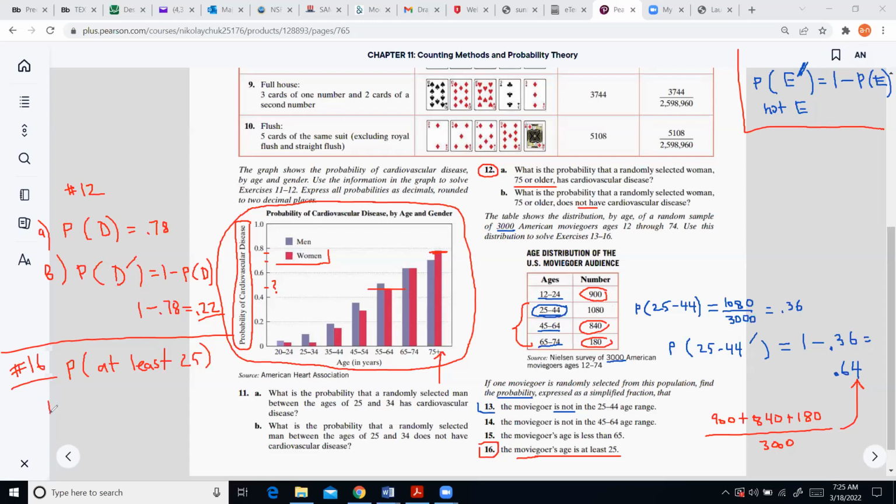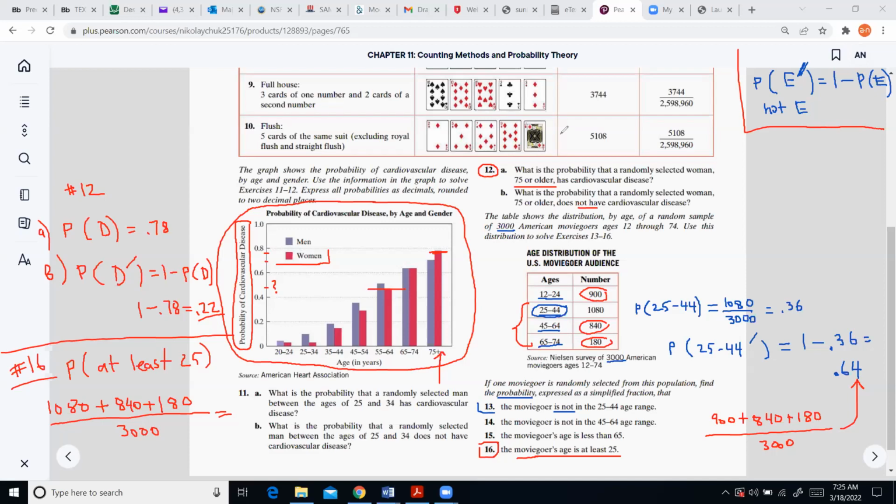That'd be 1080, right? Or means plus 840, or means another plus 180. And this is all out of 3000. So we add everything that fits the description, because at least means everything but not that.